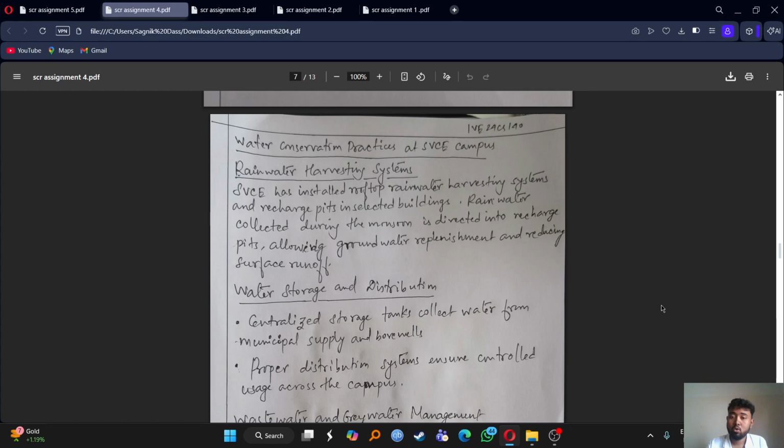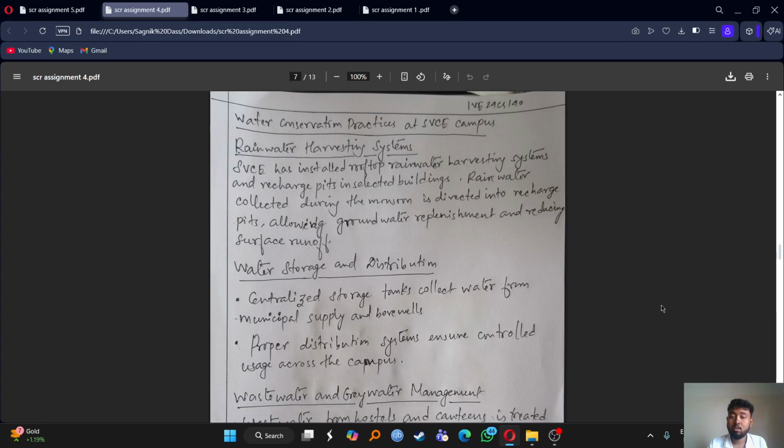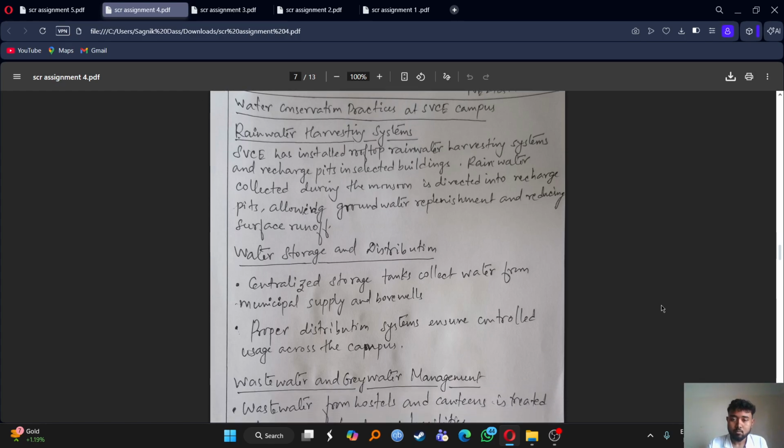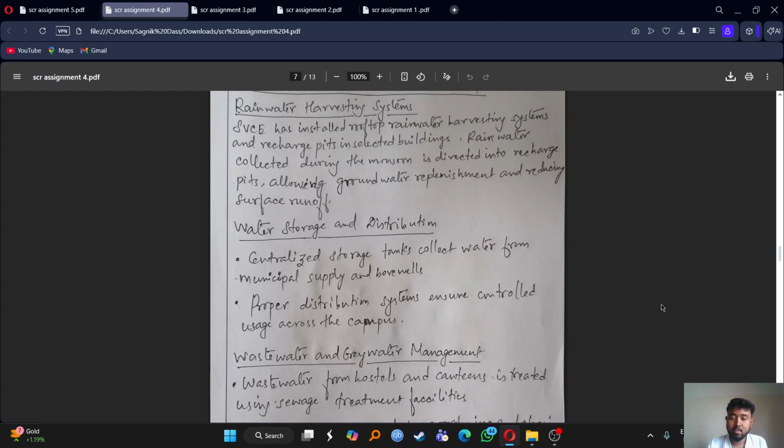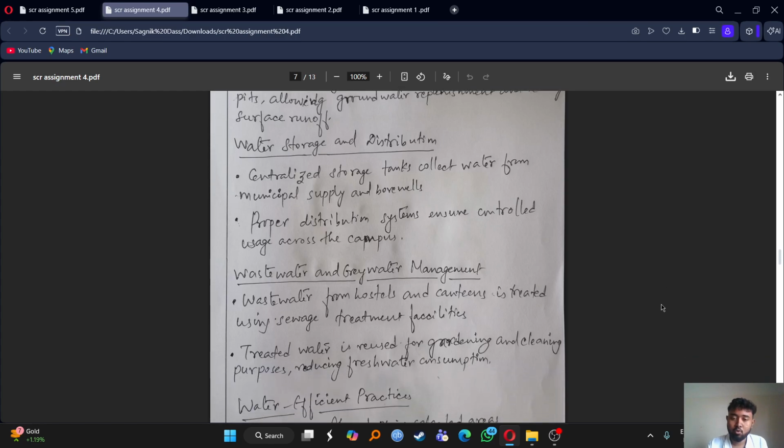Water conservation practices at SVC campus: the rainwater harvesting system. There is a very good rainwater collection facility on the SVC campus itself. The collection facility directly collects the rainwater and stores it in a storage facility, where the water is checked for any issues, cleaned and purified.